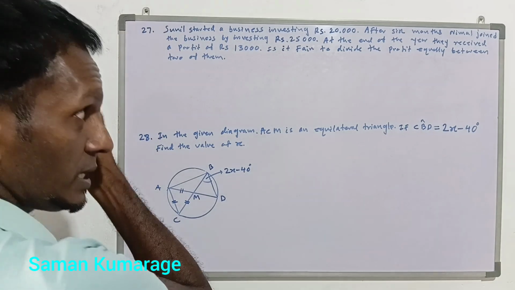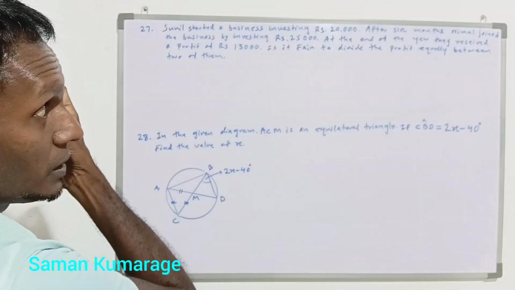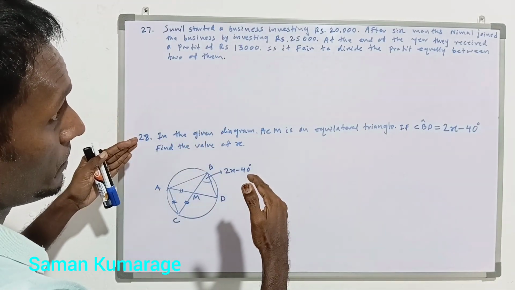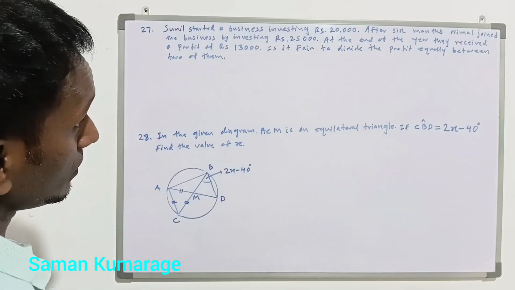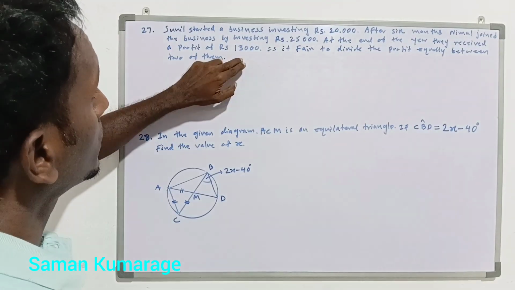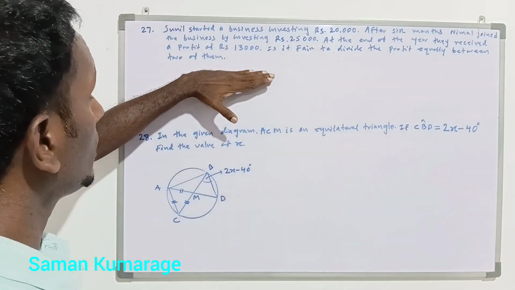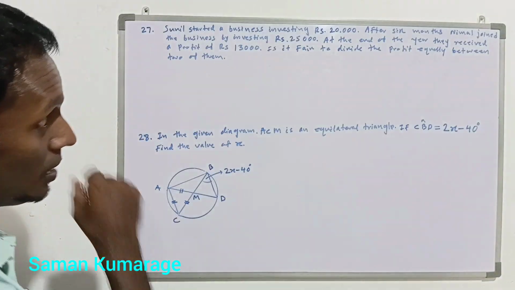So based on this principle, we need to find the ratio for which this profit should be divided between two of these investors.